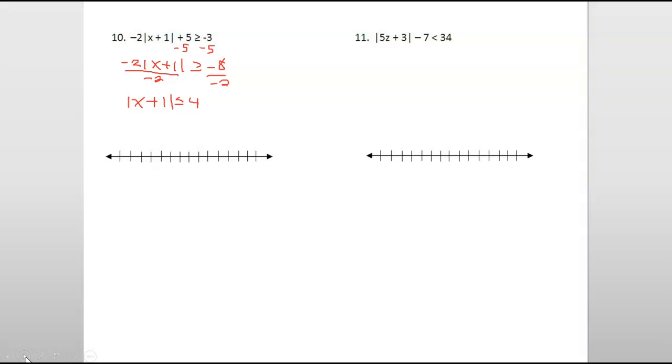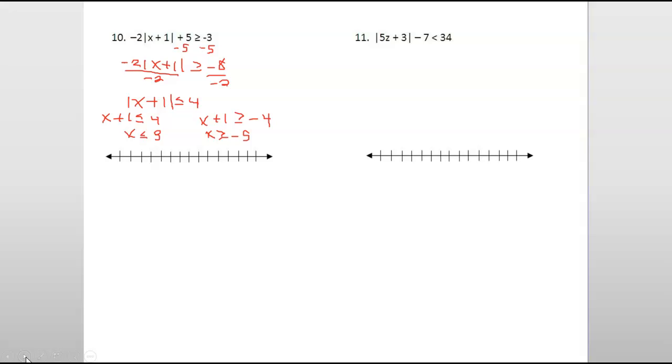Once the absolute value is isolated, you split and solve. So subtracting 1, I get x less than or equal to 3 and x greater than or equal to negative 5.